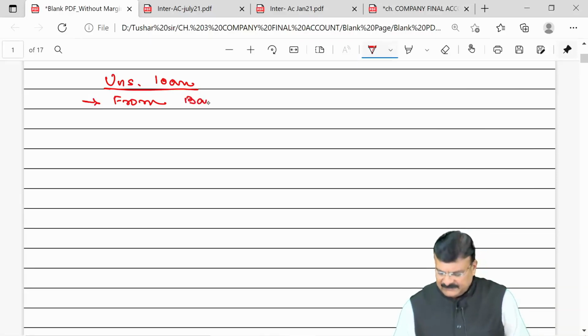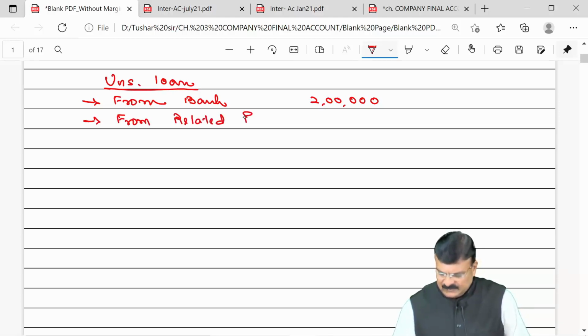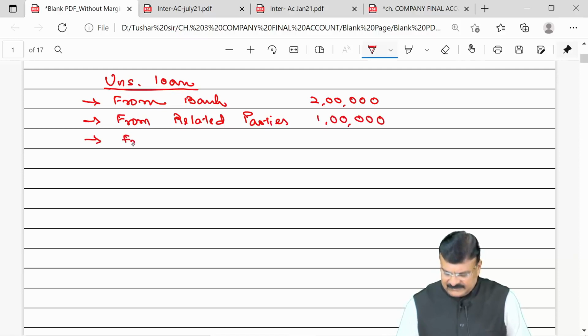So from bank, in the inner column you can show 2 lakhs. Then 1 lakh from related parties. And lastly, you can write from others.